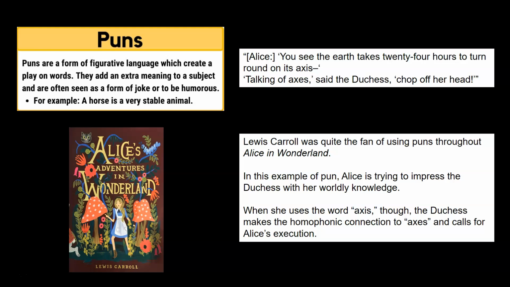So it's using that word to have more than its literal self, describing it in a way that represents something other than it is. So here the play on words is axis as in the rotation of the earth, but then axes as in the physical device used to behead someone.